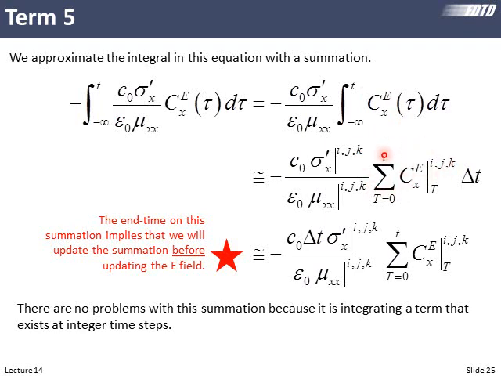We sum up to time t, and there's really no issues. So the last thing we'll do is pull delta t out, so we're really just summing the curl terms without the delta t. We can do that at the end. But if we look at this, that also implies we are summing up to time t, not t plus delta t over 2. So again, that implies we will update this summation before we update the E field.